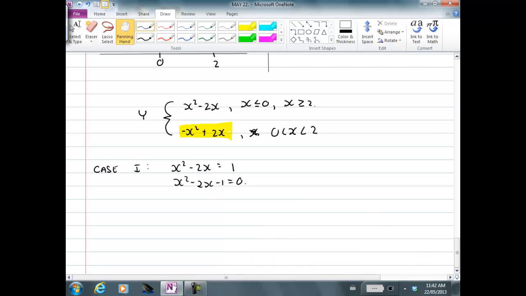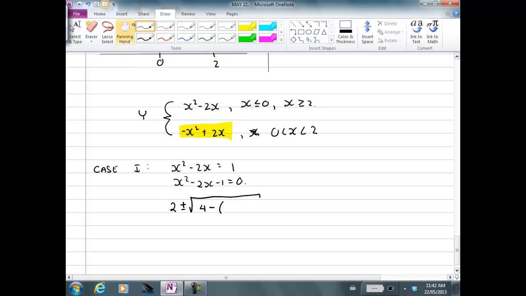So, if I use the quadratic formula, remember 2 plus minus square root. Kim, I haven't asked you in ages. What's the quadratic formula? What goes in here? B squared is 4. Yep. Minus 4AC. Well, what is it?